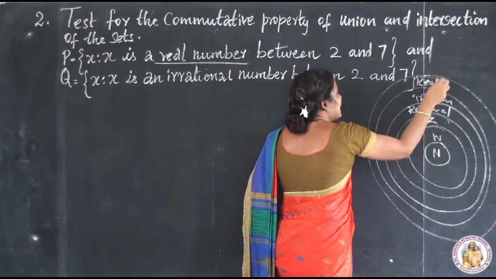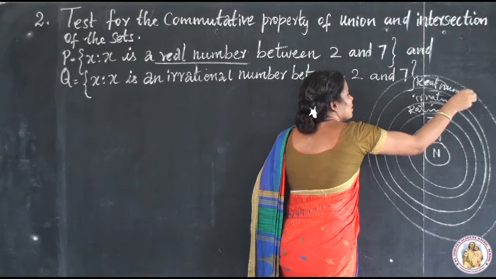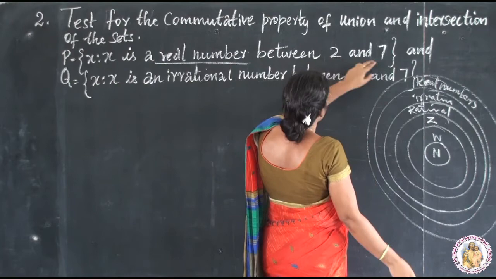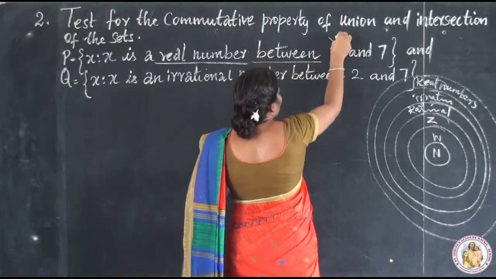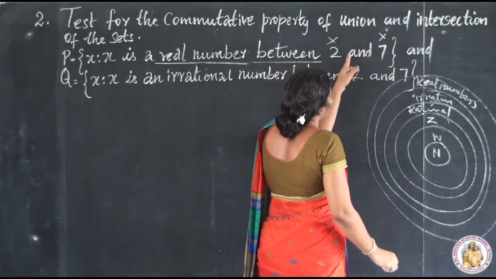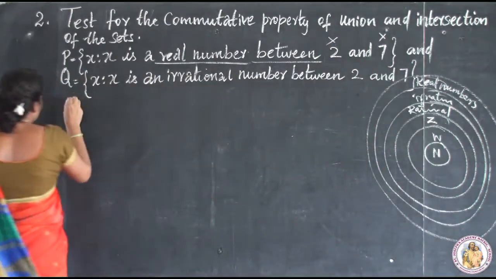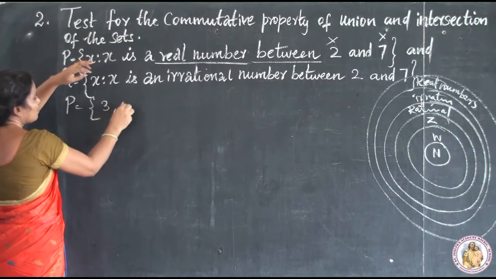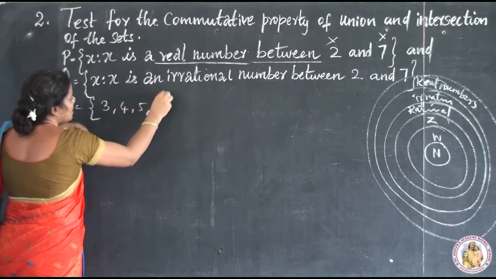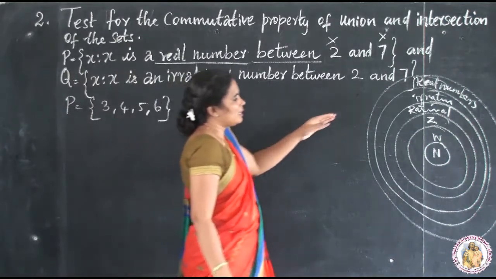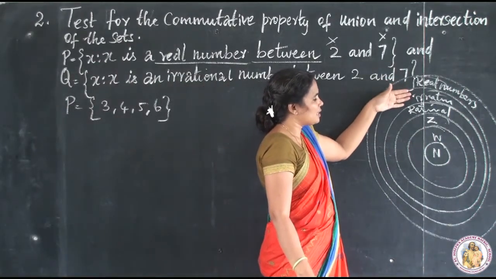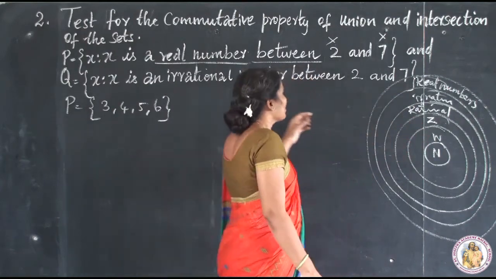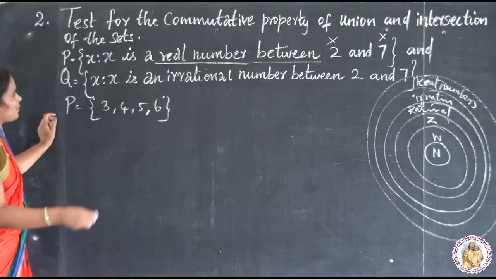Altogether it is all real numbers. Here we are asked to find real numbers between 2 and 7. Between, so we need not take 2 and 7. We can go with P is equal to the whole numbers 3, 4, 5 and 6. Even we can take all the numbers, whether irrational, rational, integers or whole numbers, because it contains everything.